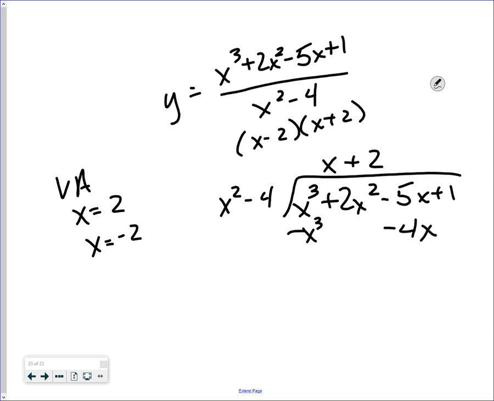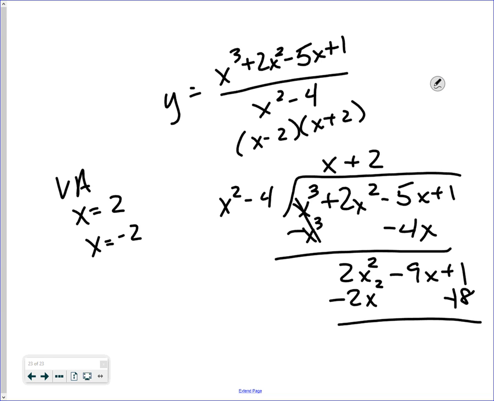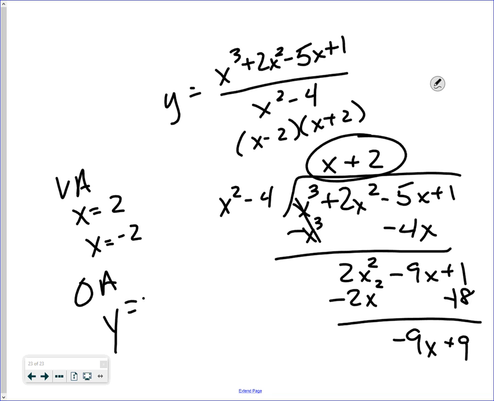Change the signs in order to subtract. Pull down the next one. 2x squared minus 8. Change the signs. So even though this is your remainder, this would be your oblique asymptote. So oblique asymptote of y equals x plus 2.